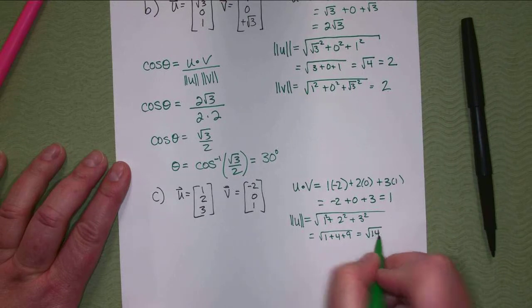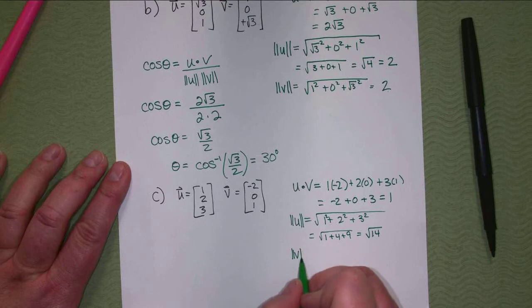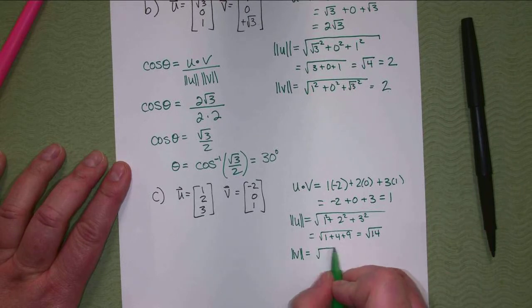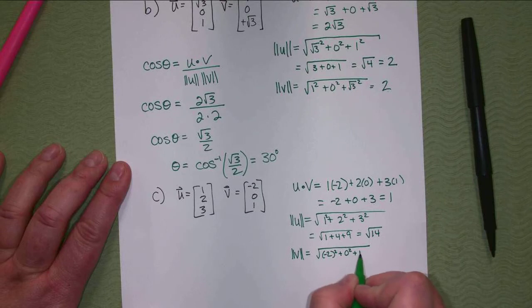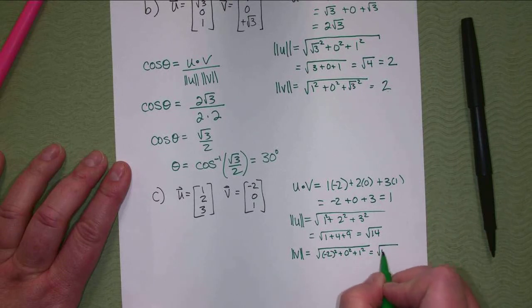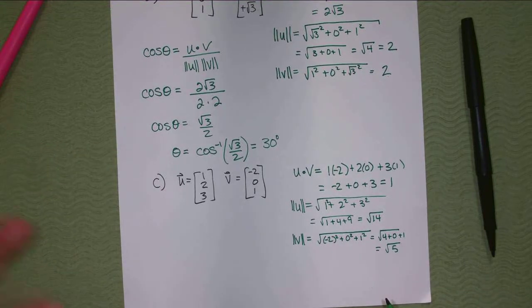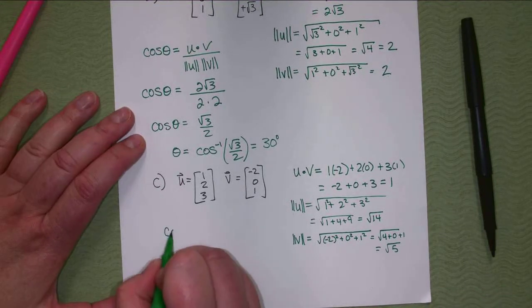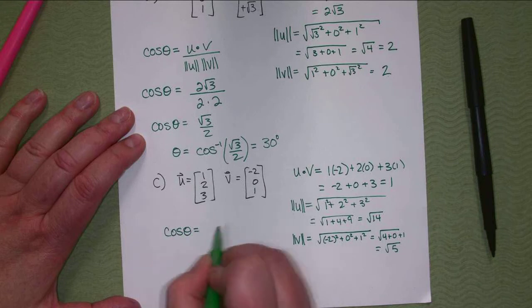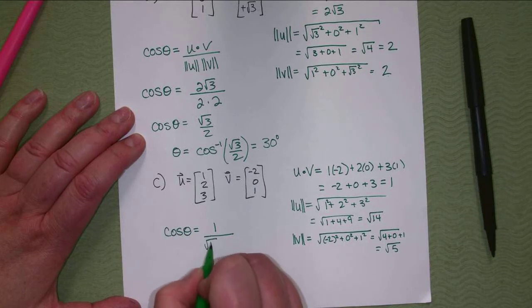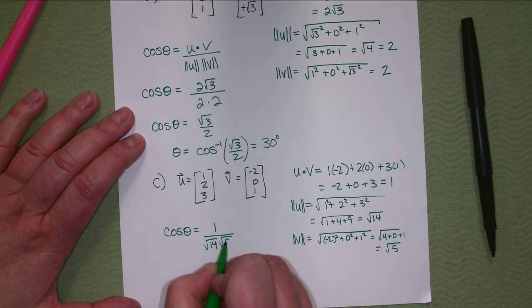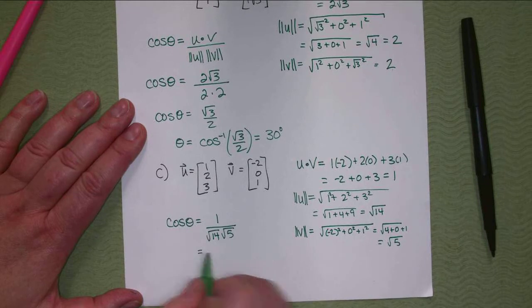Yeah, so this one won't work out nice. And then you would just put this in. So cos theta is the dot product over the lengths, 14 times 5. You might do it like that if you wanted to.